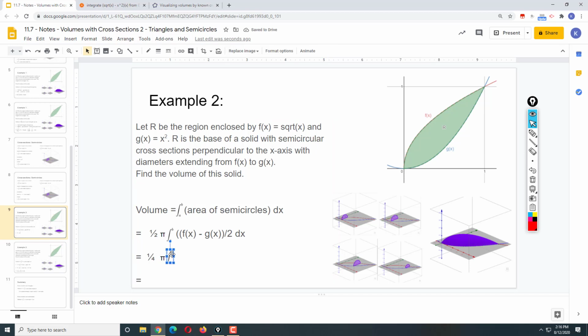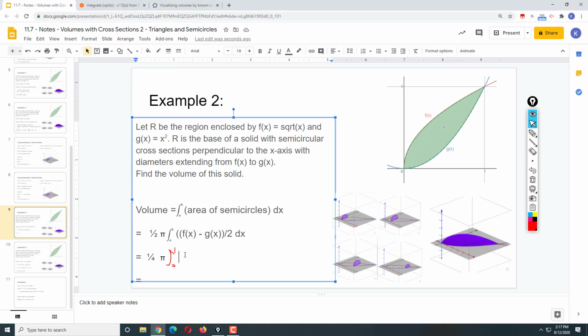Our integral, this time we know that we're integrating from 0 to 1 of square root of x. After we divide by 2, of course we have to square it because it's the radius squared. So square root of x minus x squared, squared. This is the diameter. The radius is half that, but we already took out the 1/2.